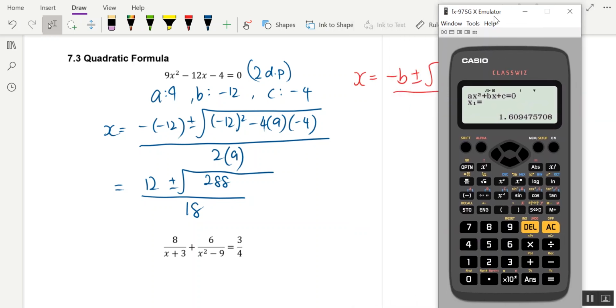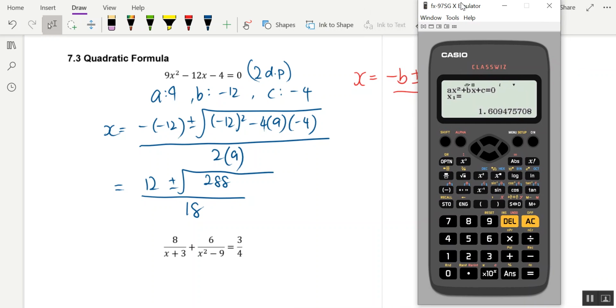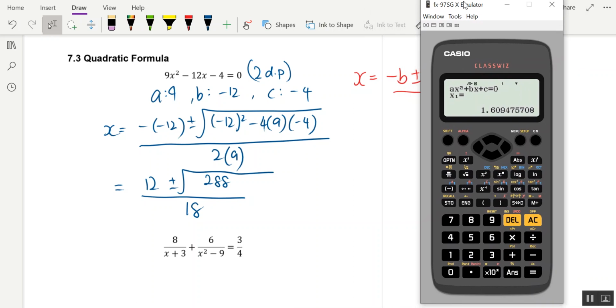At the start of the equation, you can use this for any equation, but just know how to present. If you have found out that your answer is an irrational number, that means not a nice fraction, not a nice whole number, that means I have to use the quadratic formula.